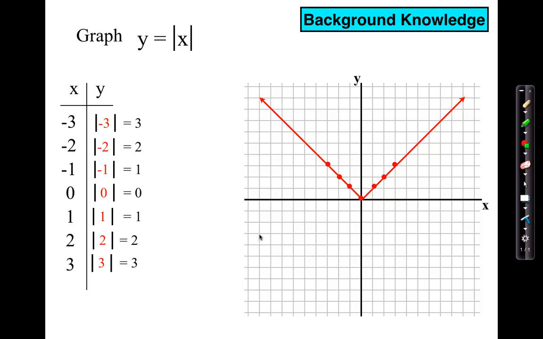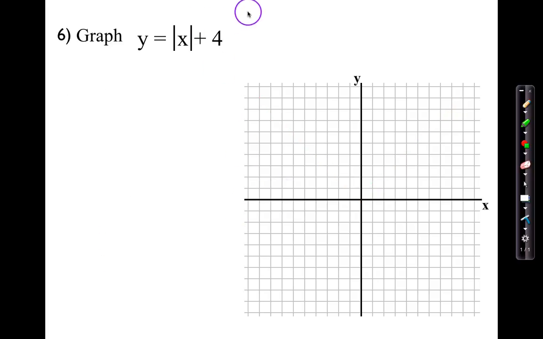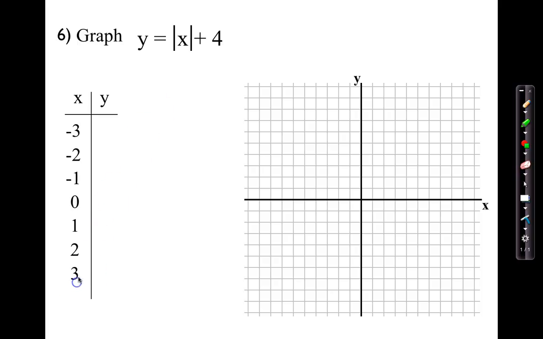So now we're going to go ahead and try some that are a little bit more elaborate. So here, instead of just doing the absolute value of x, now we're going to do the absolute value of x plus 4. So now, again, this is not a linear equation where I can just plot my y-intercept and then use the slope to graph. Since it's nonlinear, I'm going to create a table. And for the x's, I'm going to go from -3 all the way to +3.